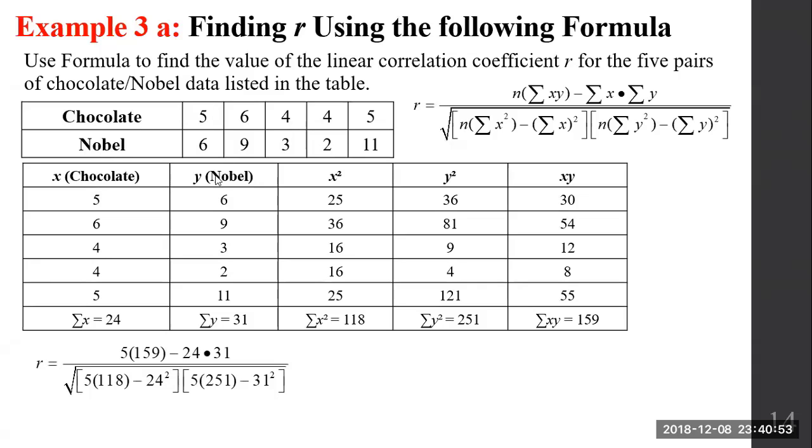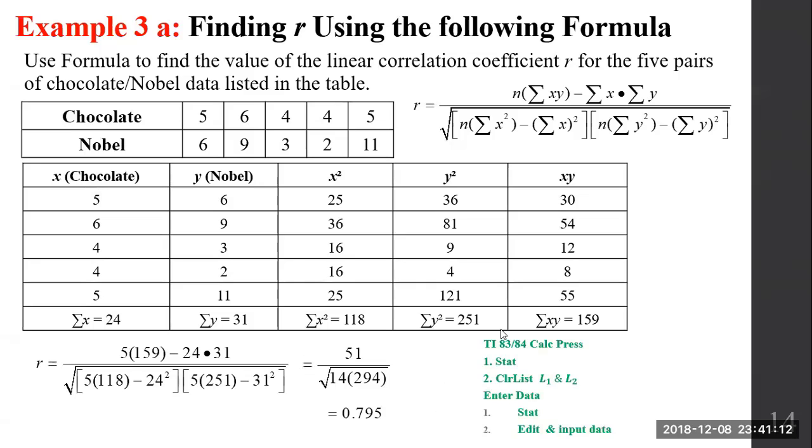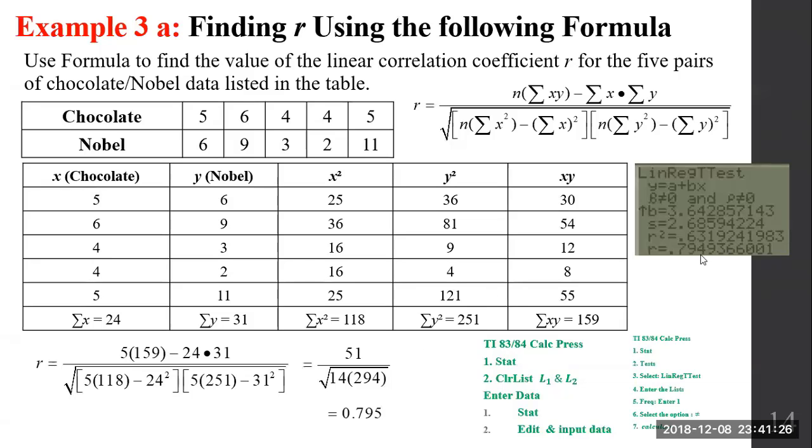We have 5 pairs, so n corresponds to the number of pairs, and the rest of the numbers we calculated using this table. So you just plug the numbers into your calculator and you get 0.795, which is the value of R. Again, you can use your calculator with these keys to obtain the same result, and you get much more accurate results using your calculator.